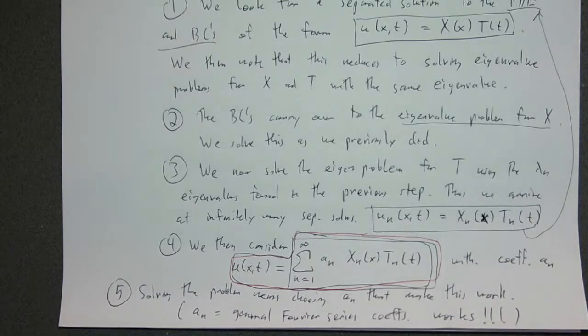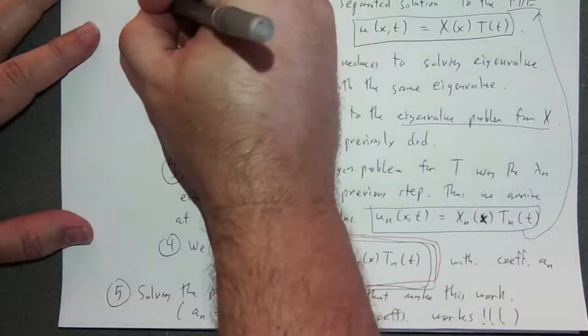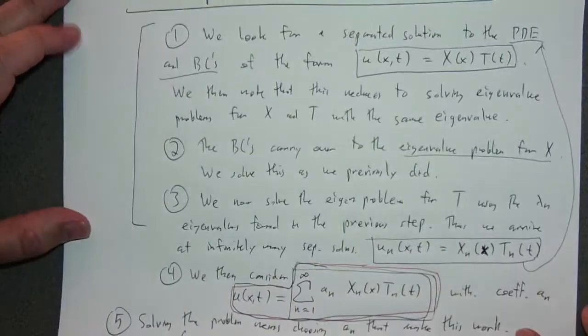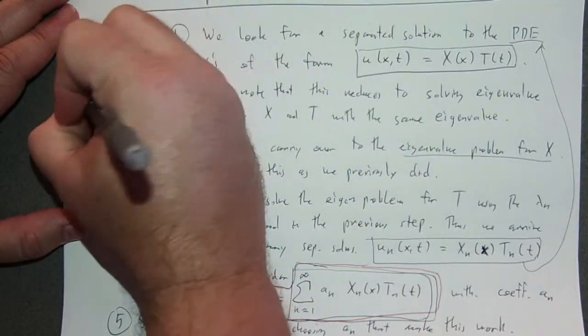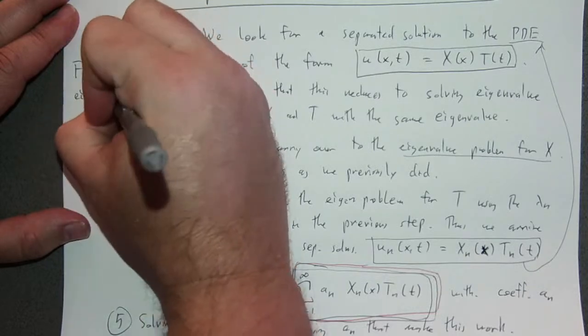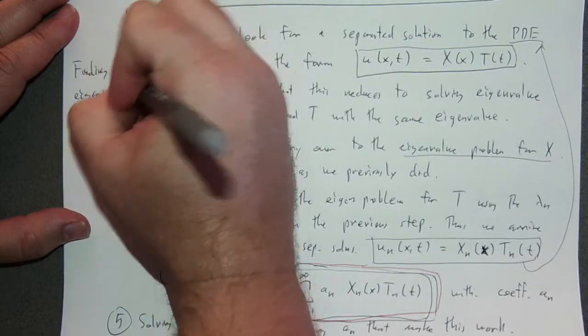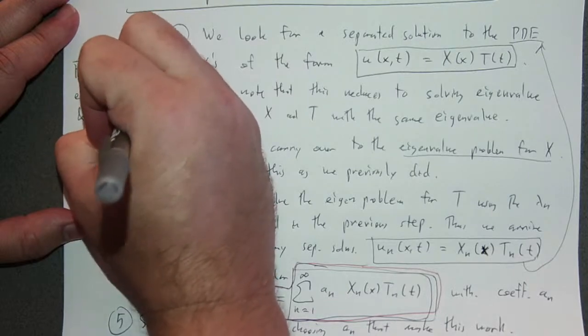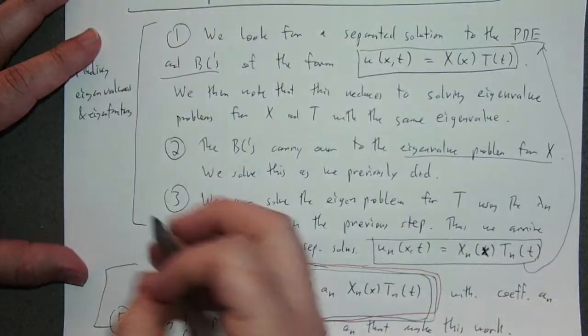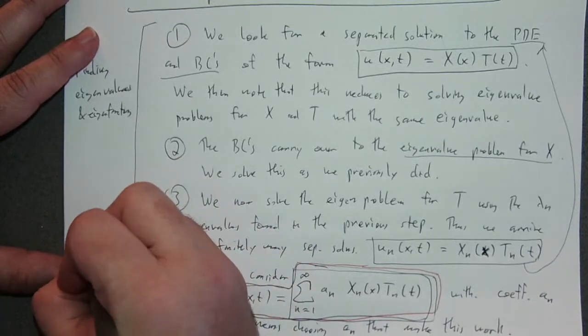One way to think about this is that steps 1 through 3 are finding eigenvalues and eigenfunctions, and steps 4 and 5 are finding the coefficients.